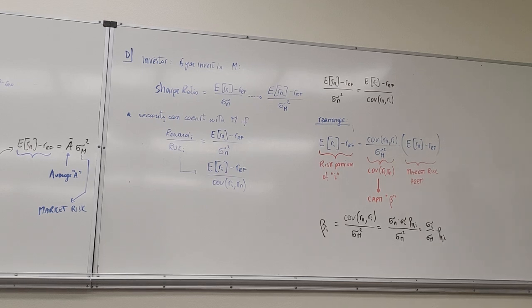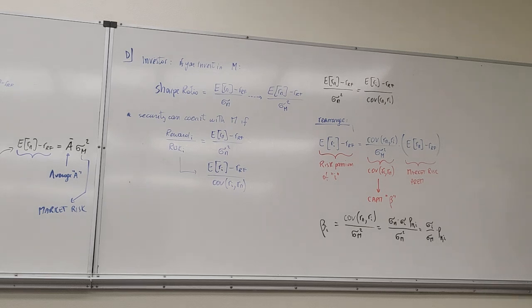So for instance, if you have a stock with a correlation of 1 with the market, can the stock have a beta of 2? I mean, can the stock have a beta 2?